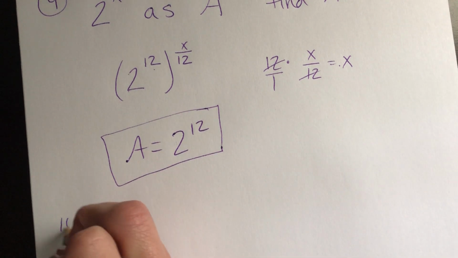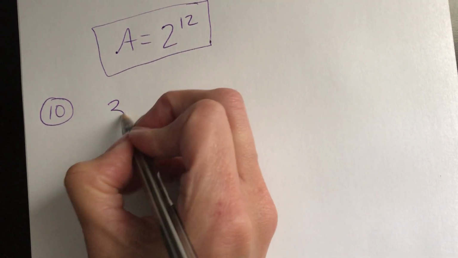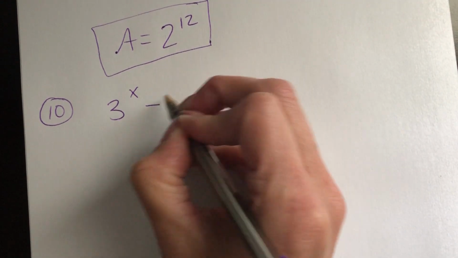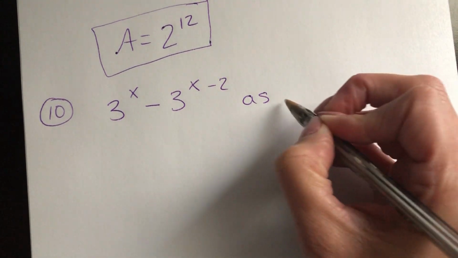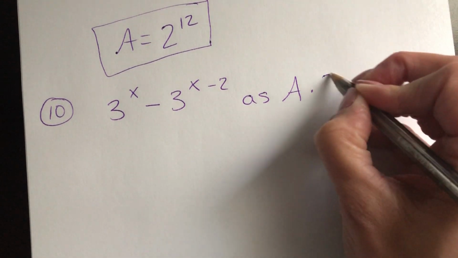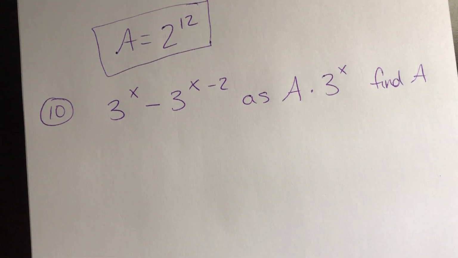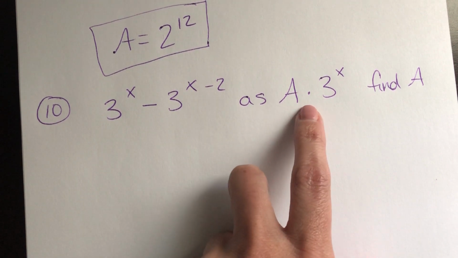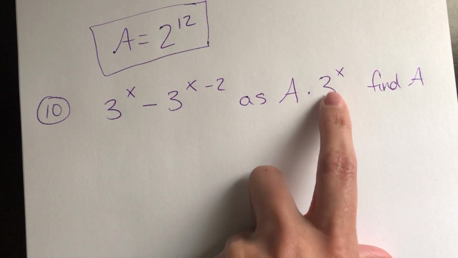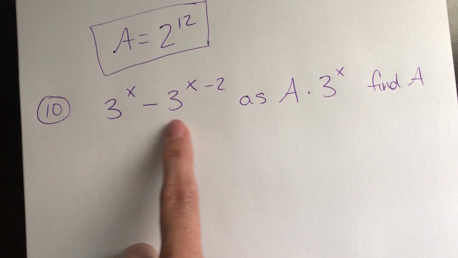All right. Let's try another one. Okay, still finding A here. So we're rewriting this expression here as A times 3 to the x. So I want my base to be 3, which we're already good here.